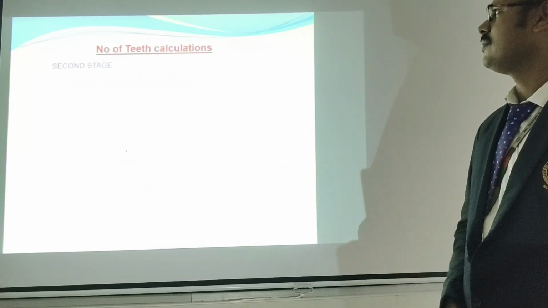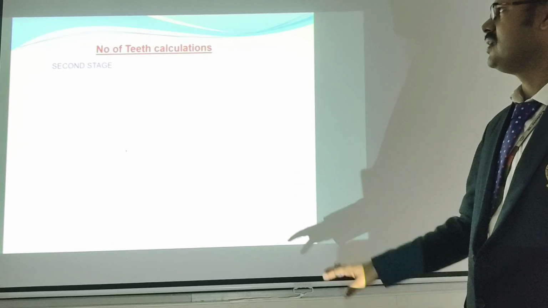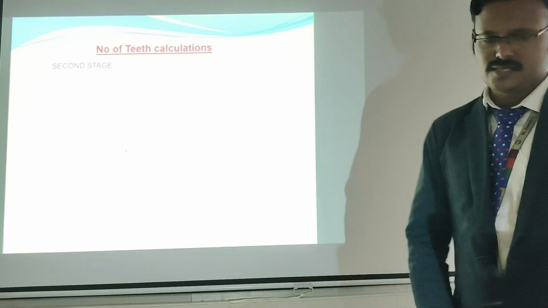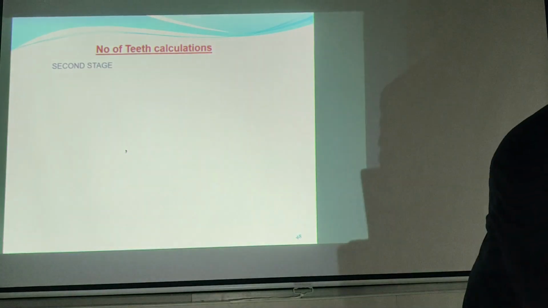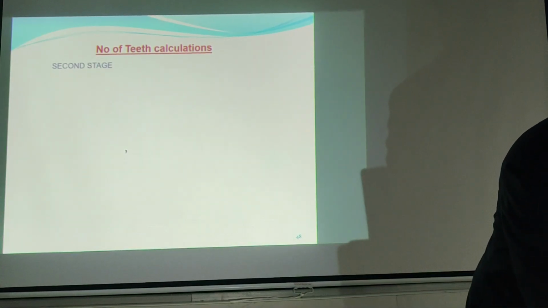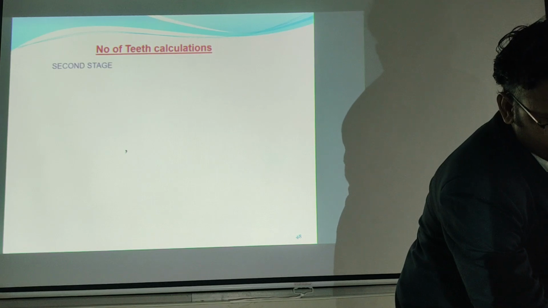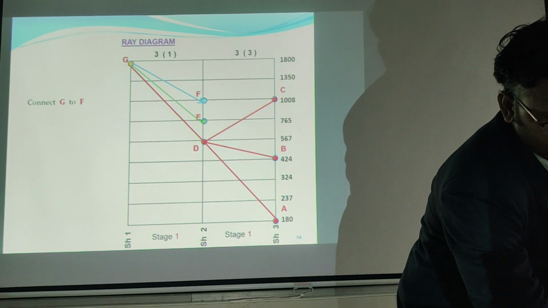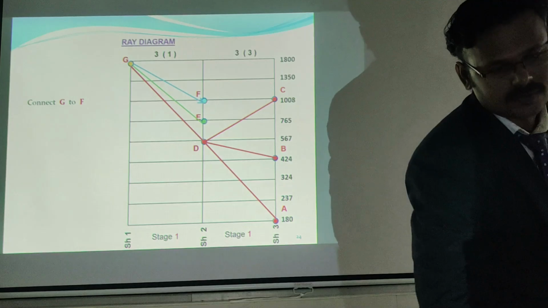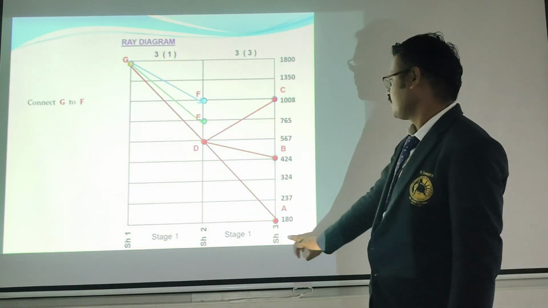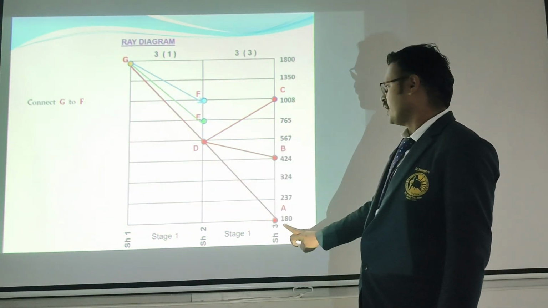So now we need to find out the number of teeth calculation in second stage. First we need to go to the ray diagram. So the RPM is 567 to 180.